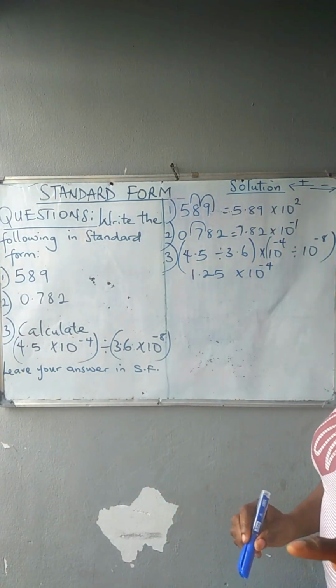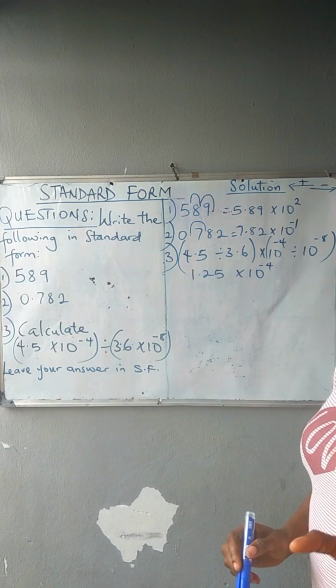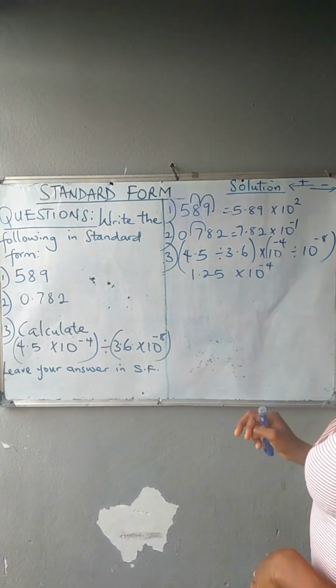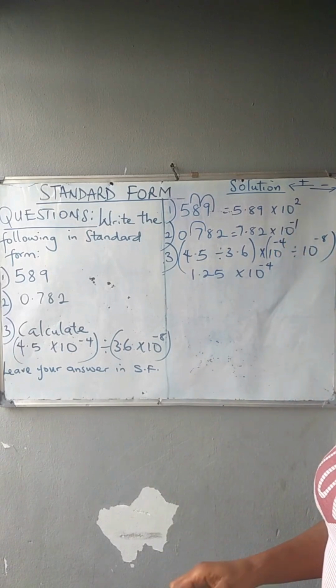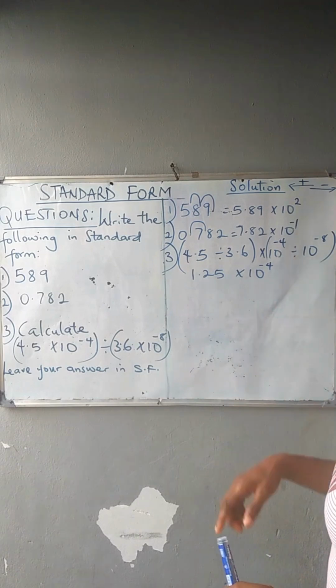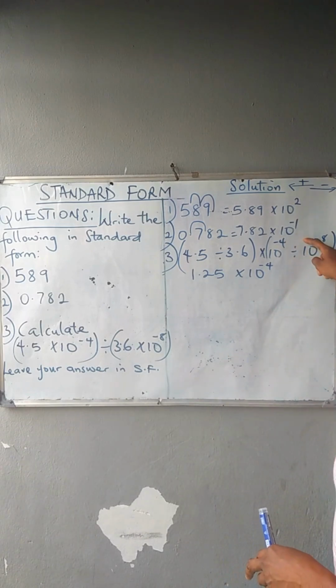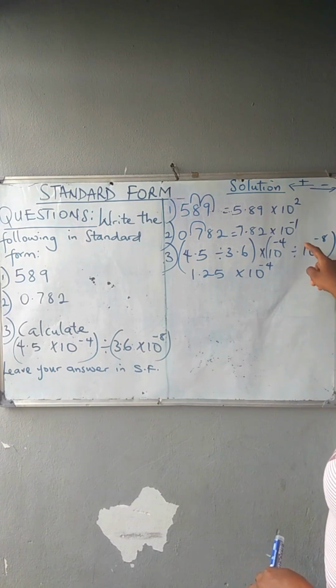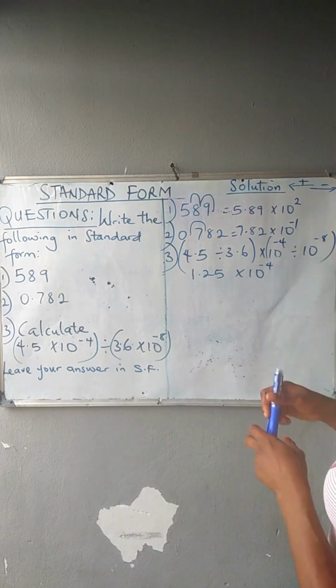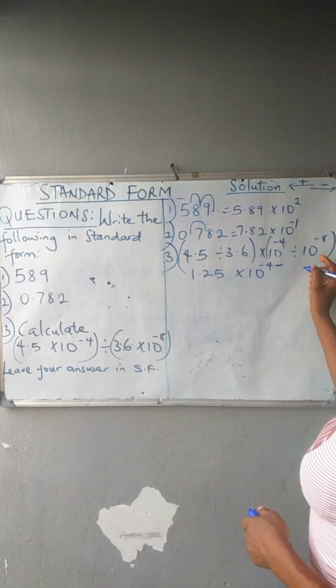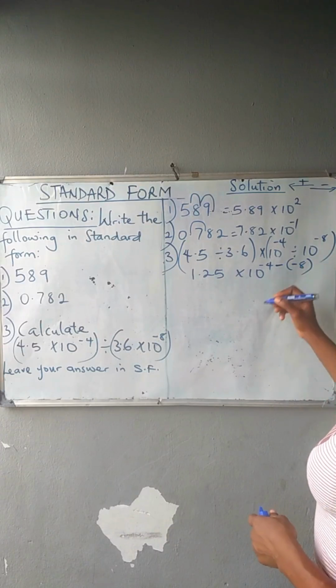From our previous knowledge on laws of indices, I explained that when you have the same base, what you need to do is pick one of the bases and then work on the powers. Here, when you have division, convert your division to minus. And when you have multiplication, your multiplication will be addition of the powers. So here we have subtraction of the powers. The division will change to minus. So we have minus here, minus 8.